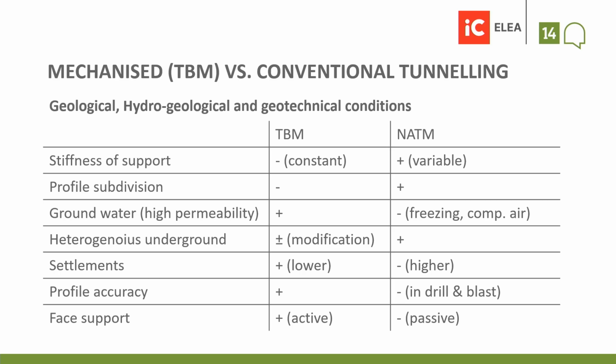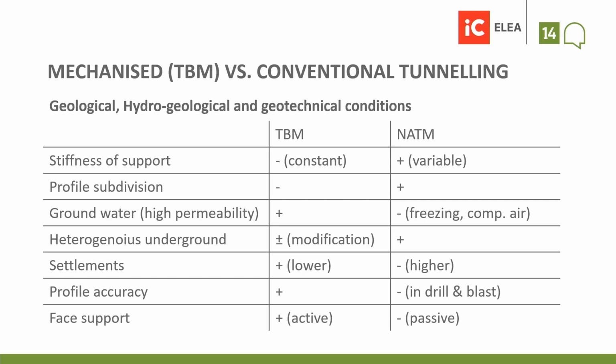In sections with faulty or weak rock, a profile subdivision in general is made for conventional tunneling. Such a subdivision cannot be done in TBM tunnels. But in comparison to conventional tunneling, the TBM comes with active face support. Depending on the type of TBM, we can do the face support by fluid or active earth pressure, or alternatively compressed air application.